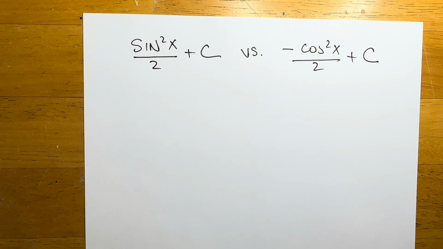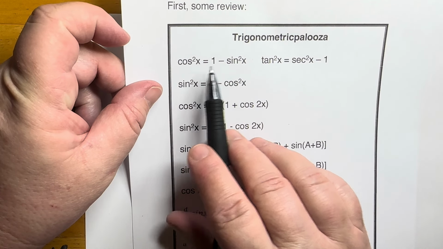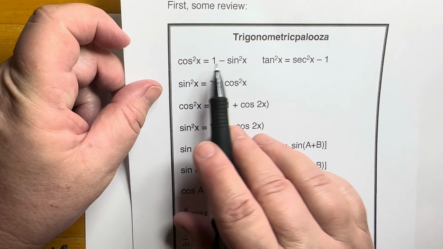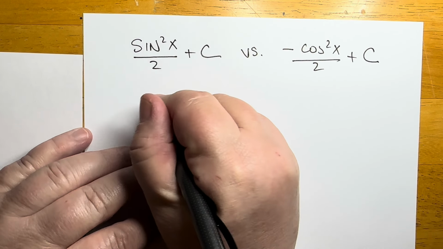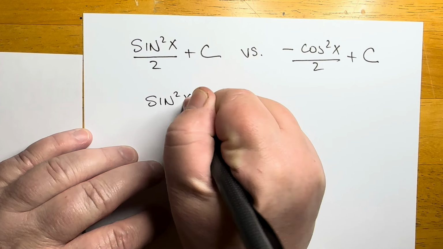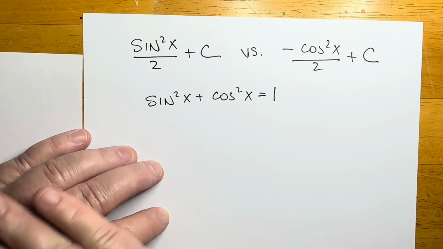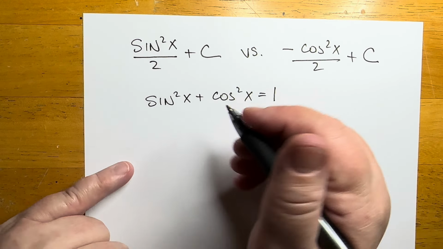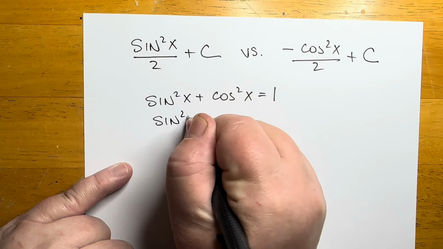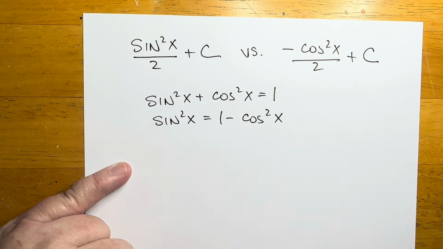So how am I going to show you that? Well, I'm going to point out that right up top, we've got the Pythagorean truth, sine squared plus cosine squared equals 1, which I have written in this sheet as sine squared equals 1 minus cosine squared x.